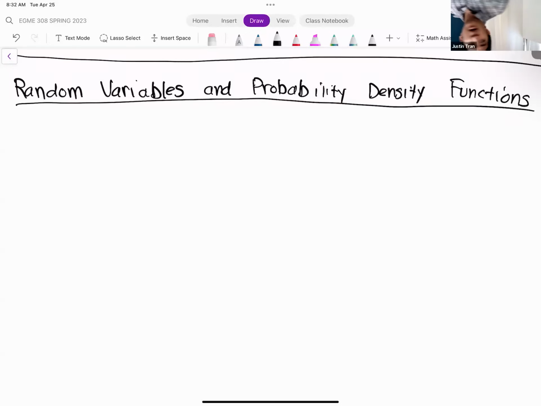Last class, we introduced this concept of a random variable. The idea behind a random variable is that there's some uncertainty associated, right? So you don't know its value for certain. Every time you measure it, every time you observe it, it's always going to have a different value.